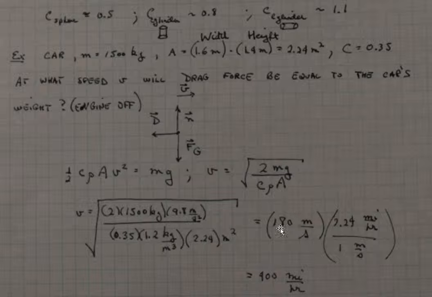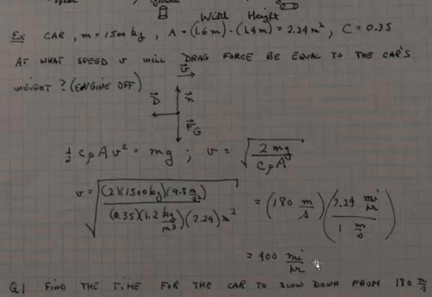That gives us 180 meters per second, and if we convert that to miles per hour, that's pretty fast, 400 miles an hour. That's faster than any normal car would go.